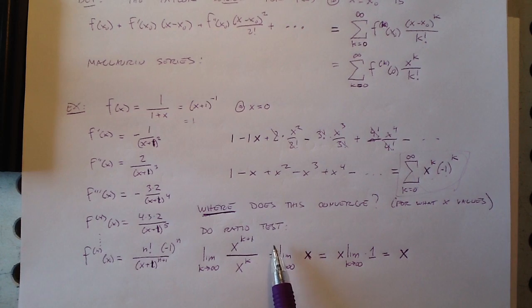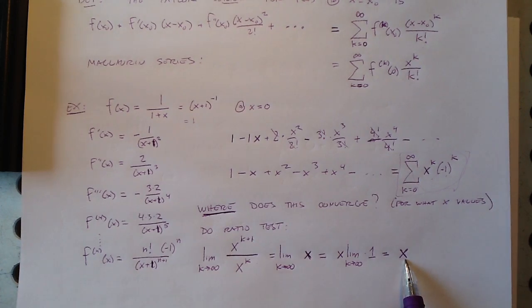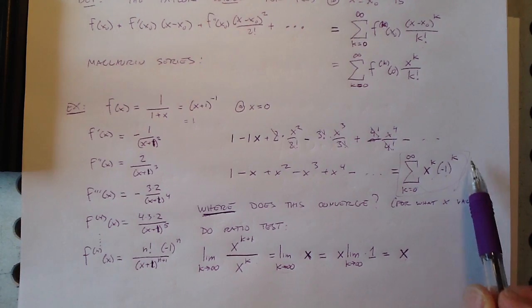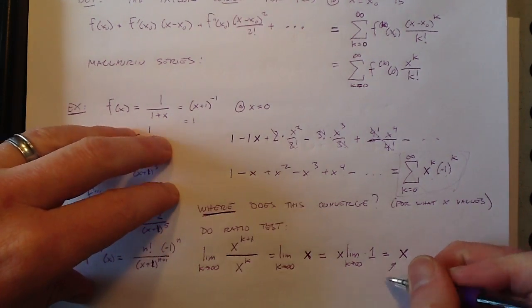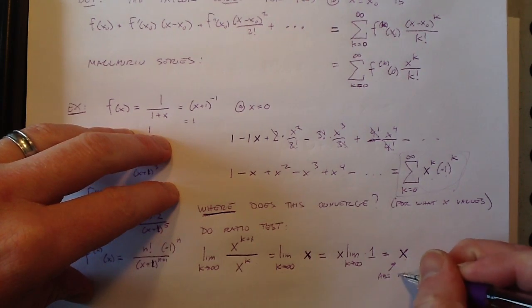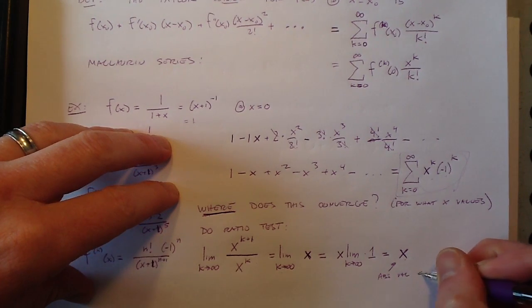Now, when we did the ratio test, what did we want this to be for convergence? We needed it to be less than 1. And here, especially because of the possibility for alternating series, we need the absolute value of this to be less than 1.